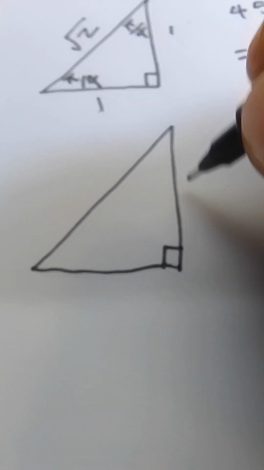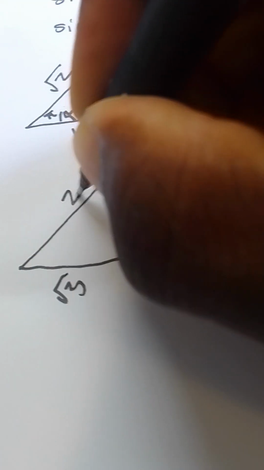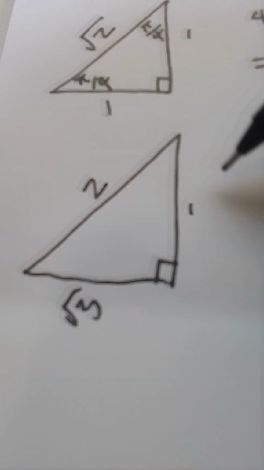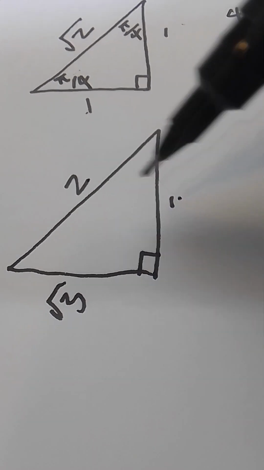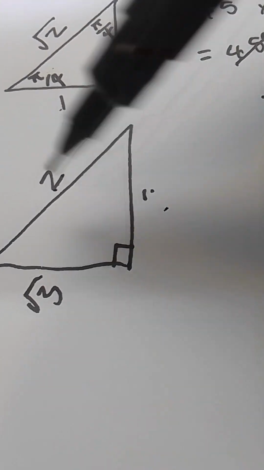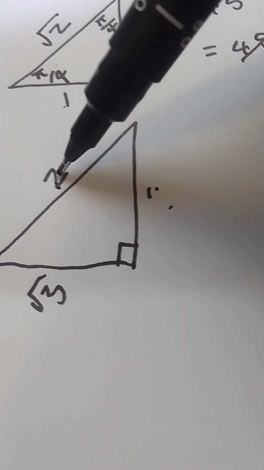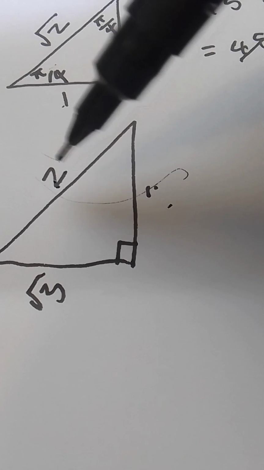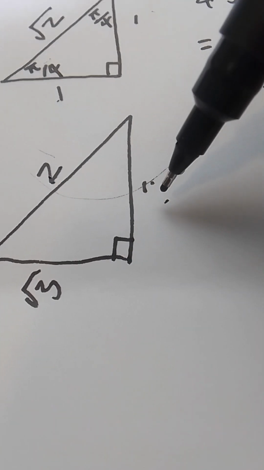The second triangle has 1 here, square root of 3 here, 2 here. For this one, you only need to know that there's 1 and 2 in the hypotenuse, and then you do the Pythagoras theorem. It'll be 4 minus 1 gives you 3, then you put a square root.